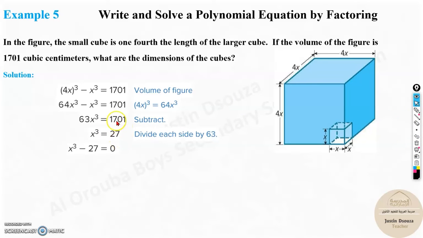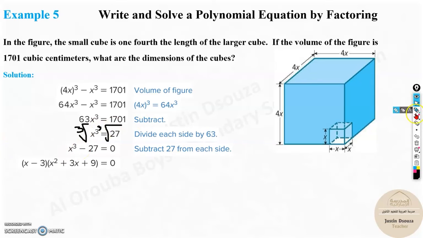You can do this cube root on both sides and you will get the answer. But what is followed over here is basically taking this, factoring it, and doing this. So these are extra steps. You can reduce it if you're writing directly from here. You can cube root, because 27 is not a big number. You can easily find the cube root.